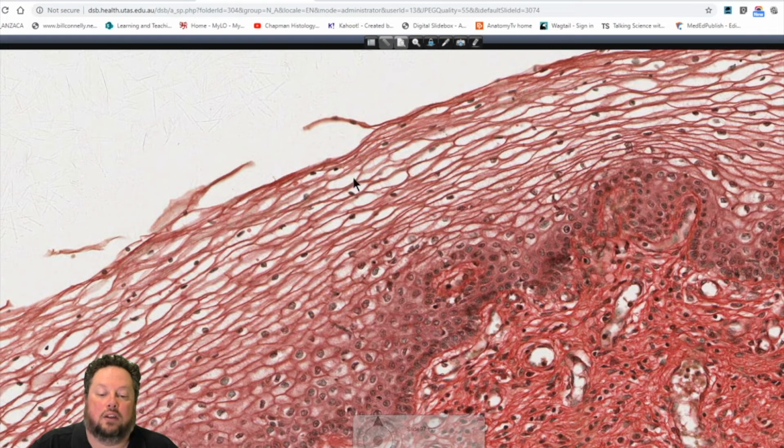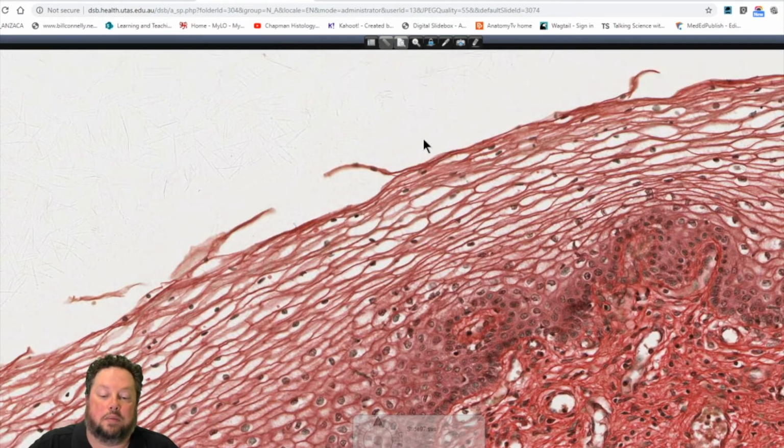And then very pale cells because there's lots and lots of glycogen being secreted, which, as we mentioned, provides nutrition for native lactobacillus, which creates an acidic environment. Now that acidity is really important to prevent non-native bacteria from coming in and infiltrating the vagina.